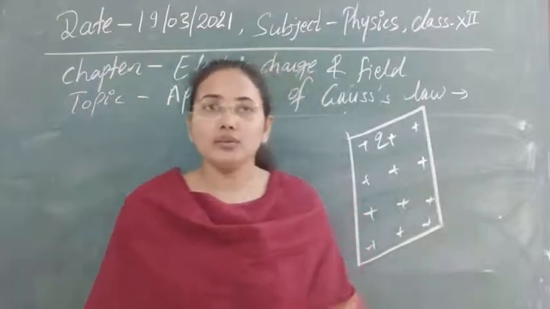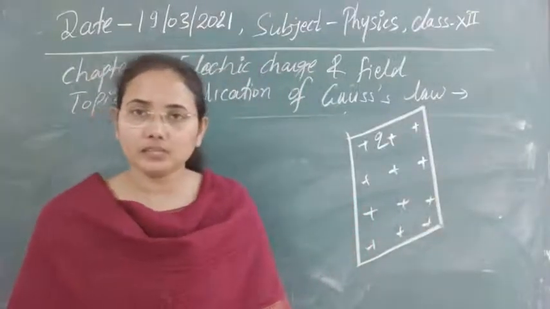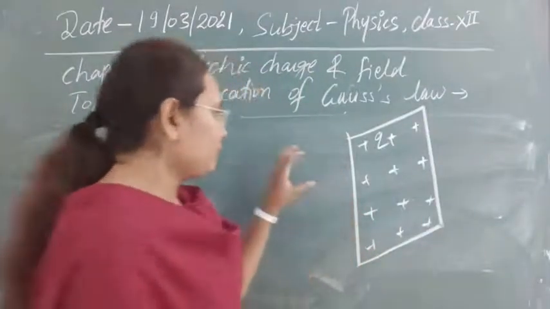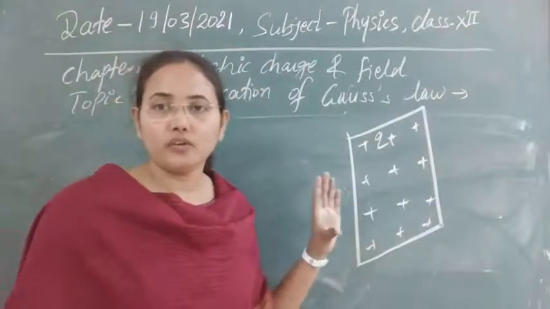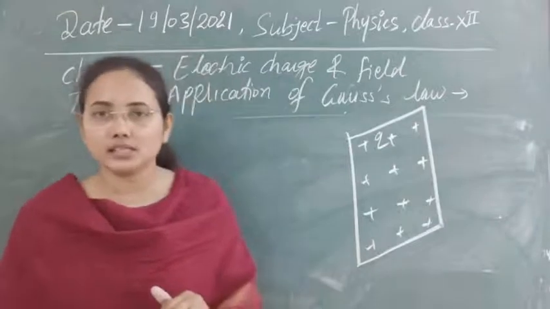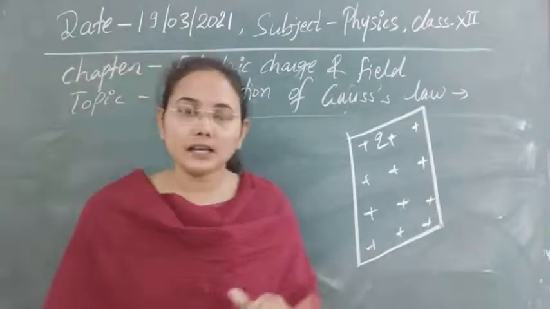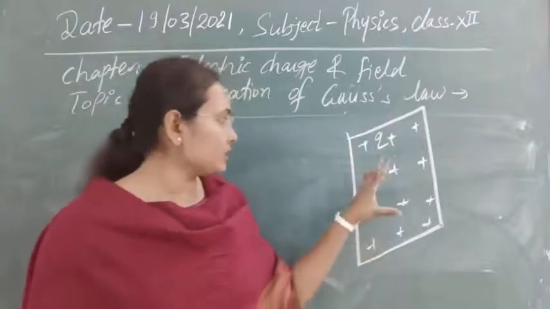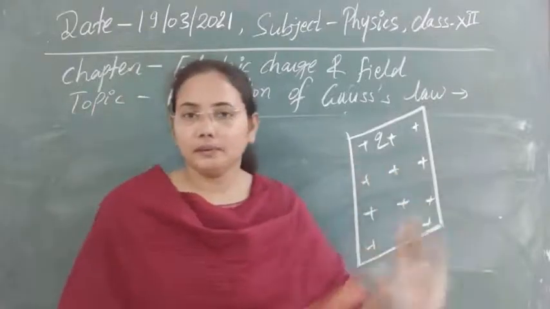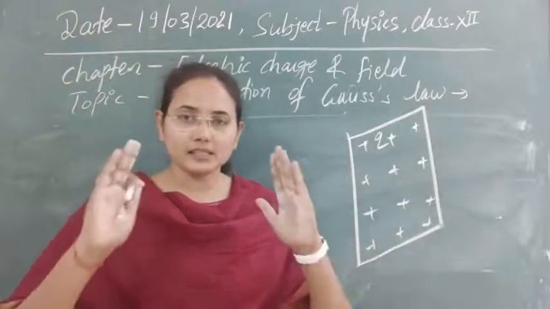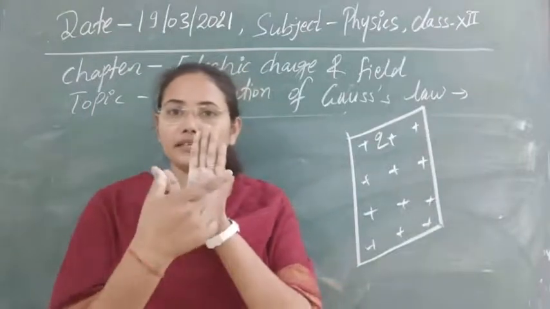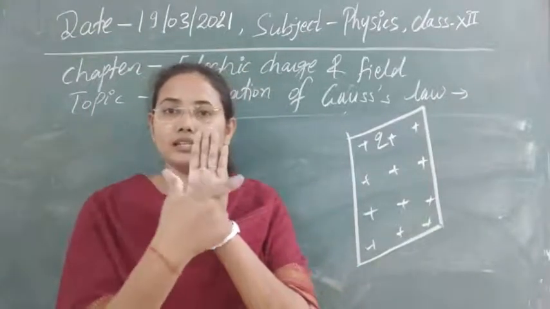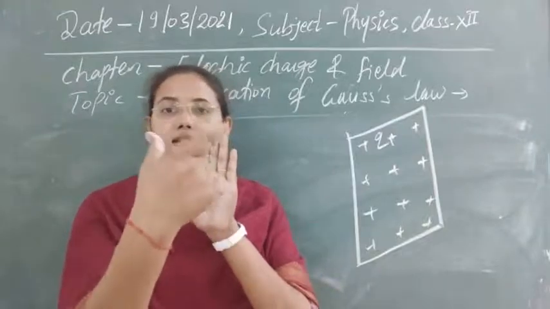So again we will use the Gauss law for this. To use the Gauss law, first of all we have to draw the Gaussian surface. If this is our sheet and you draw a surface enclosing a part of the sheet, that is again a cylinder.